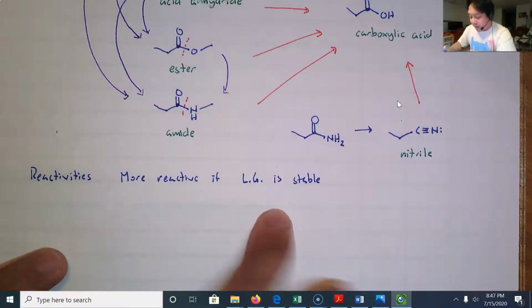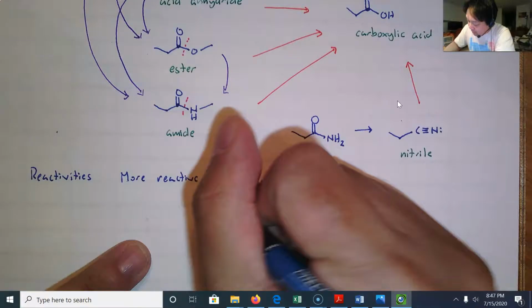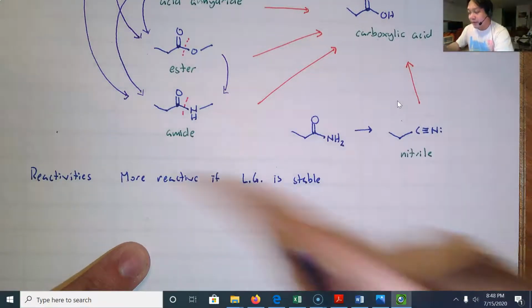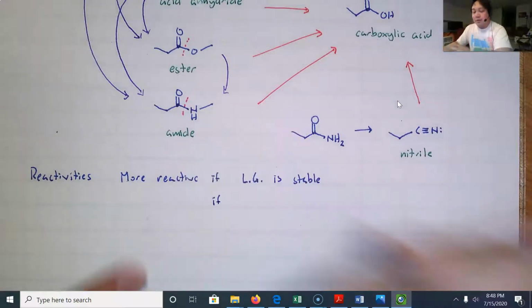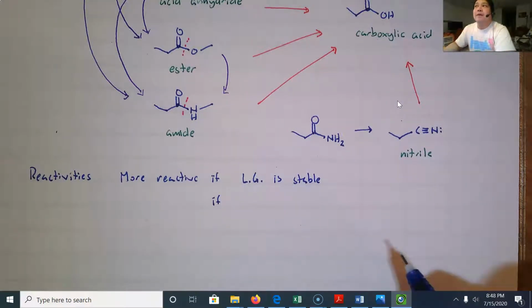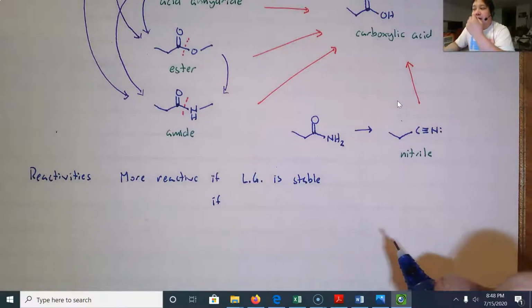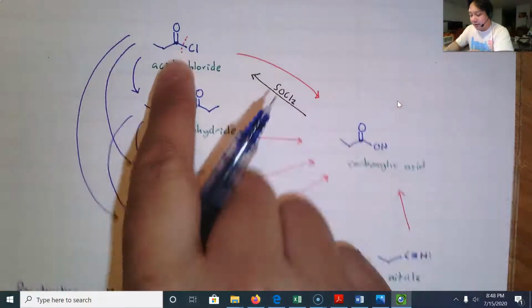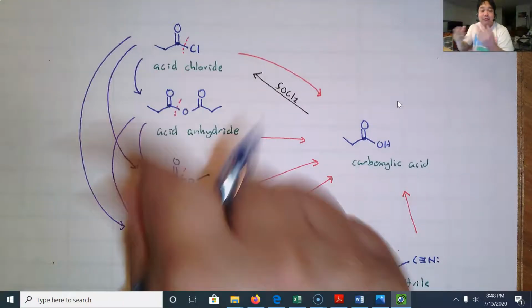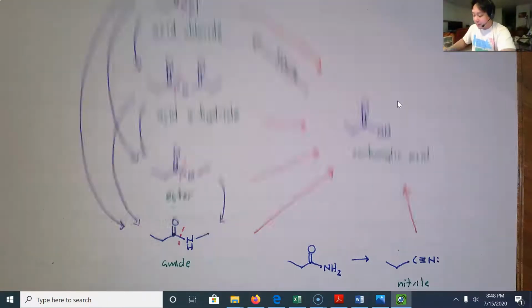So that's one way to think about it. Or, and, you can think of it as if the partial positive on the carbon is very large, so more attractive to the nucleophile.